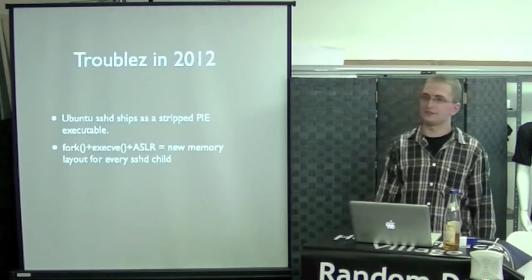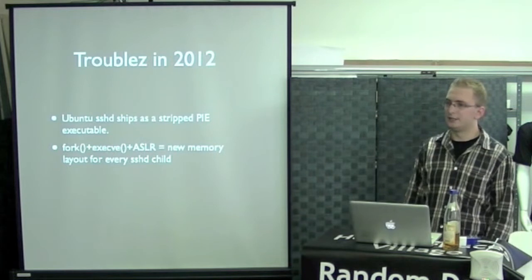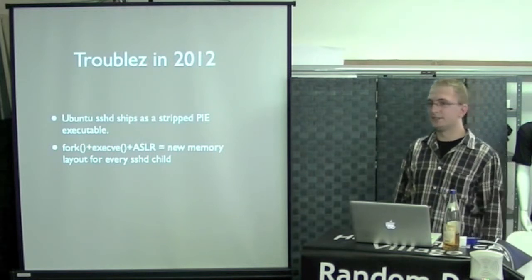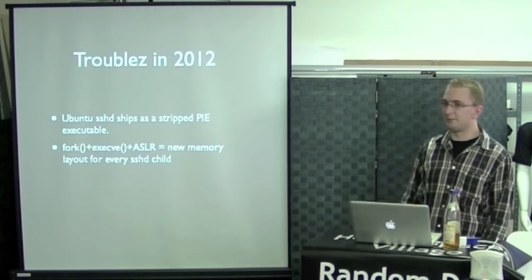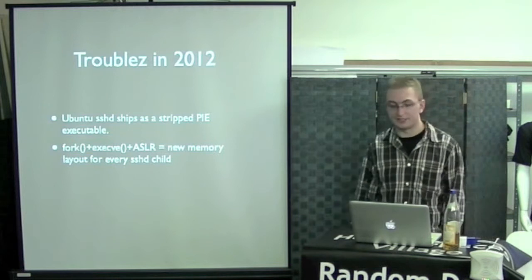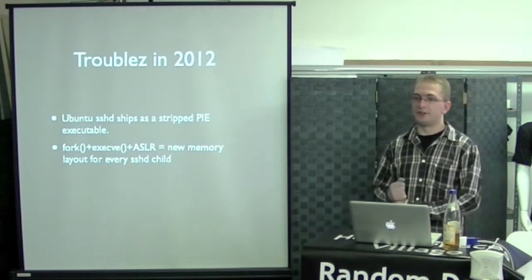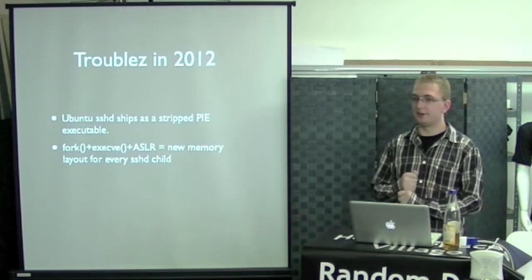But there are some troubles in 2012 with process infection. People have done quite some research on process infection in the past. There are nice articles in Phrack that I definitely recommend reading on the subject. But one, they focus on 32-bit Linux.